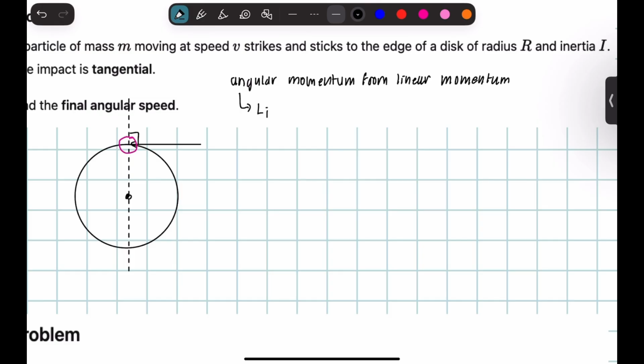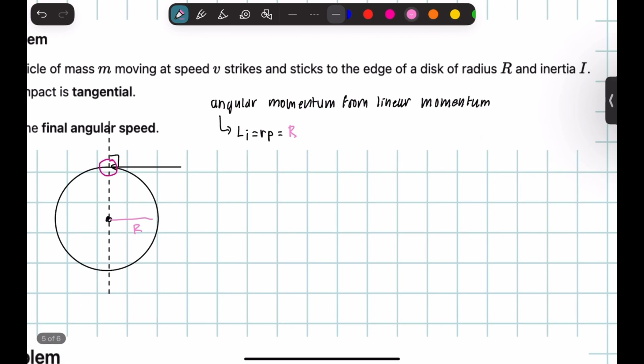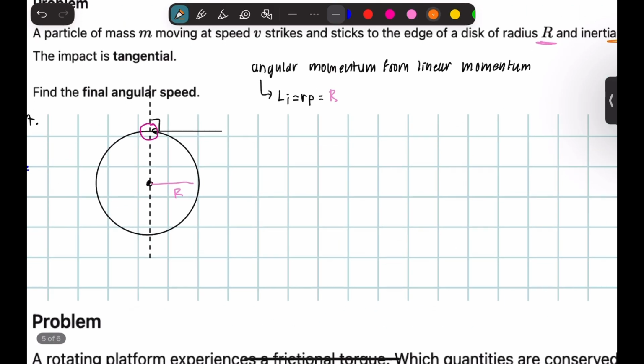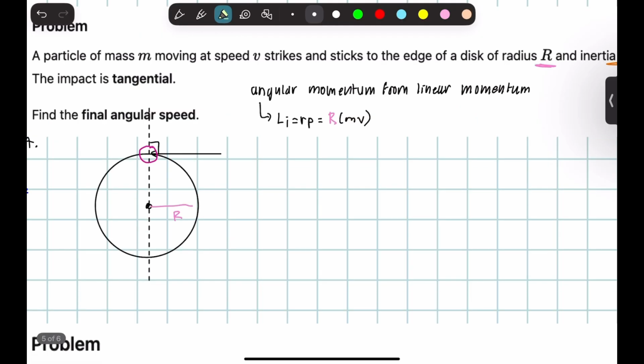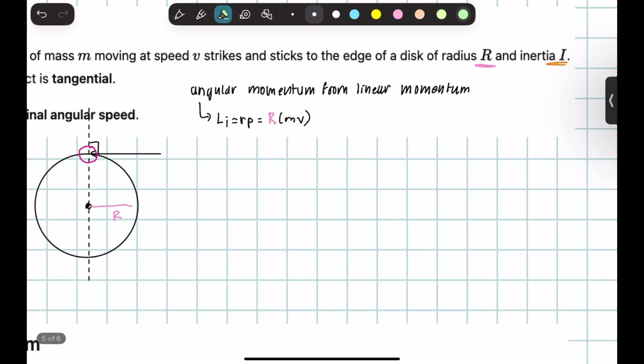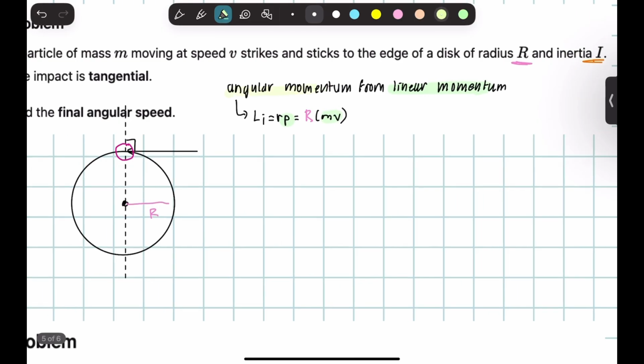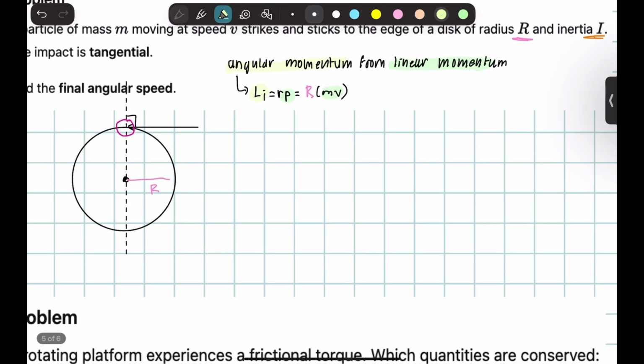So the L initial is equal to r times p, and that's just going to be your radius and your inertia. So your p is just, we can rewrite momentum as mass times velocity, which is the linear momentum, angular momentum.